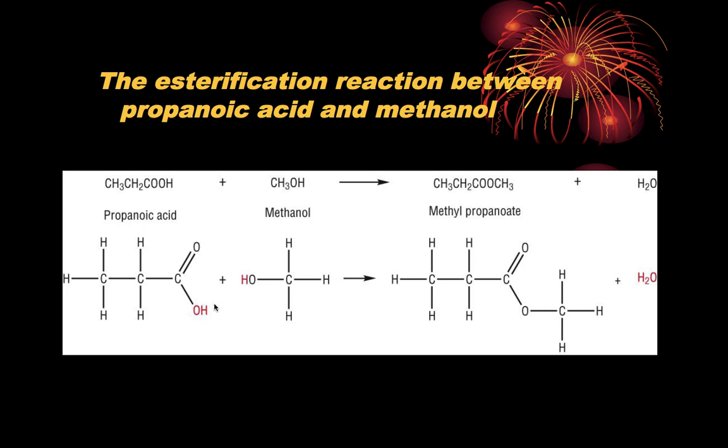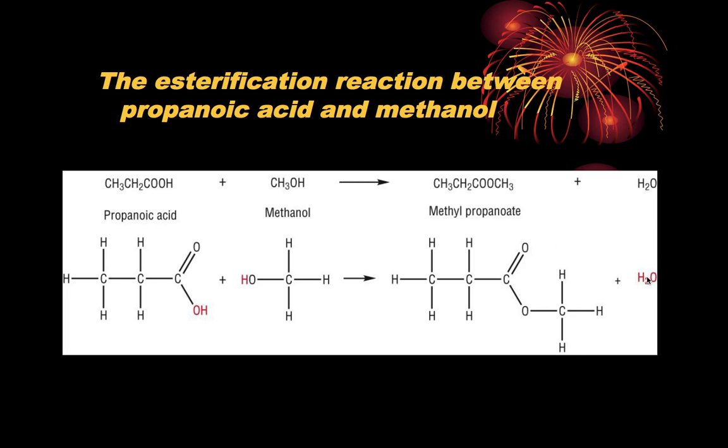Well, the hydroxyl group from the acid comes off. The hydrogen of the alcohol comes off, and we've got two H's and an O. Of course, you've known that since elementary school, I'm sure.